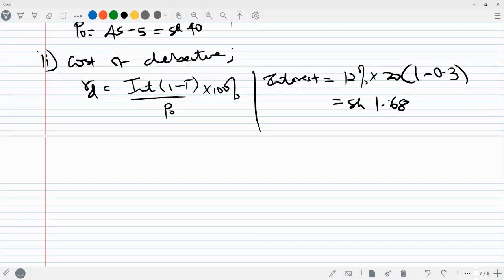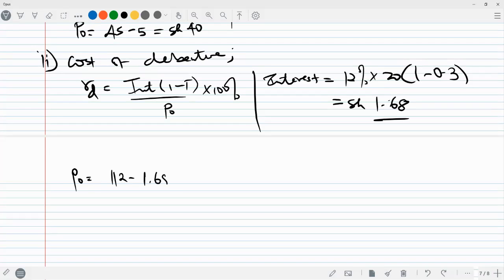So therefore, the cost of the debenture is equal to, first, we are told that it is ex-interest. You look at note 5, the market value P naught. The market value of this debenture on a cum-interest basis is 112, but you need to remove the interest to be received. The anticipated interest to be received, which is after tax, is 1.68.